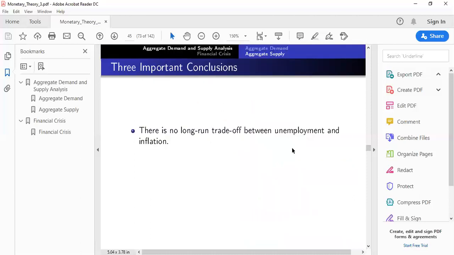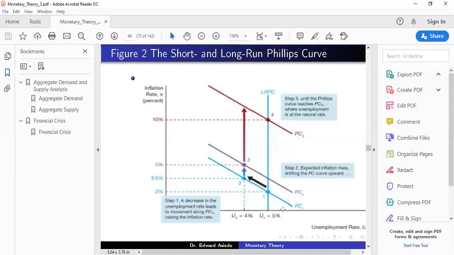So there are important conclusions when it comes to the trade-off between inflation and unemployment. First, there is no long run trade-off. In the long run, you cannot say, I'm an economy, let me put a policy in place that will increase inflation to reduce unemployment.